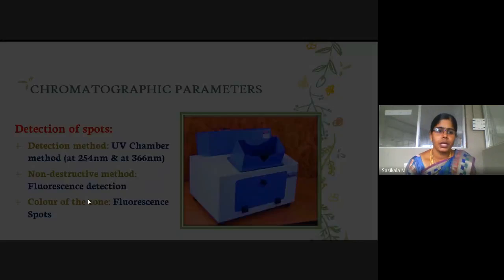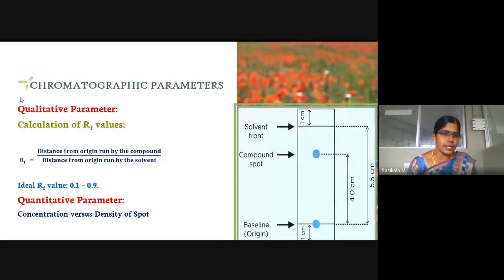Next, detection of spots by using qualitative and quantitative parameters. Here the qualitative parameter is the RF value. Even we can go with semi-quantitative analysis by seeing the density of spot by means of a densitometer.